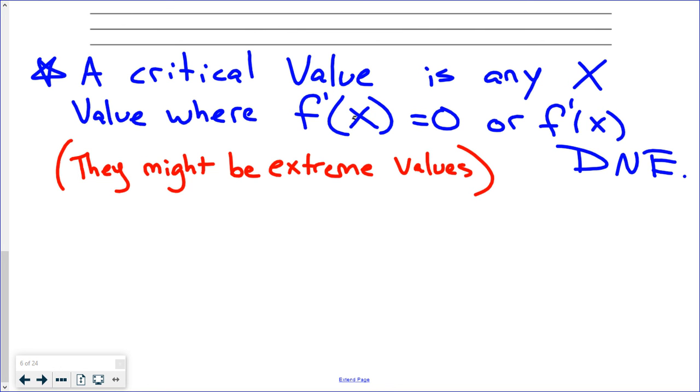They might be extreme values, they might not be. So that thing we just found, that's a critical point. Critical value.